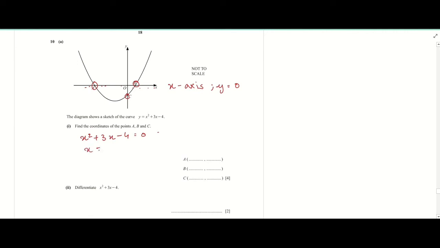I'm just going to write directly, but you can substitute your values from this equation. So x equals 1 and x equals minus 4.